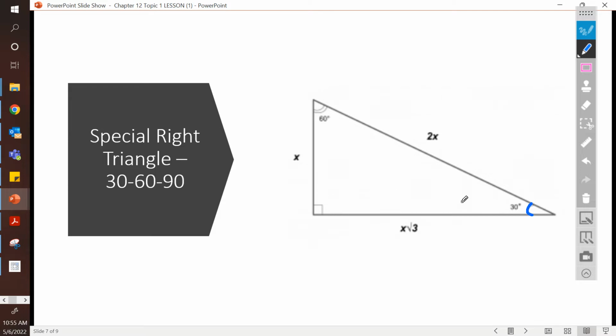And the other leg is the shortest leg multiplied by the square root of 3. The longer leg is across from the bigger angle, so it's across from the 60-degree angle.